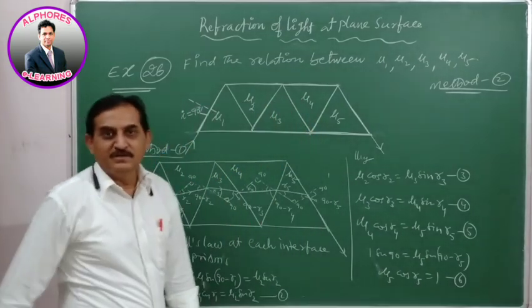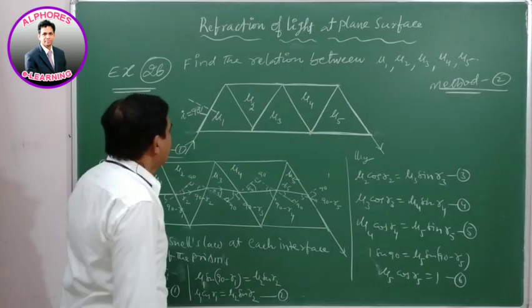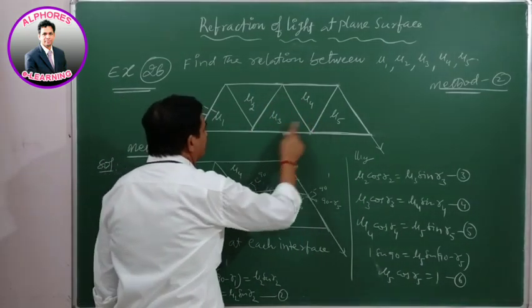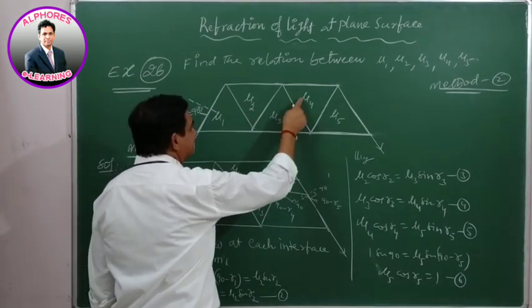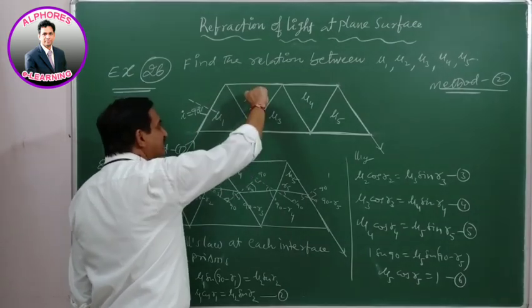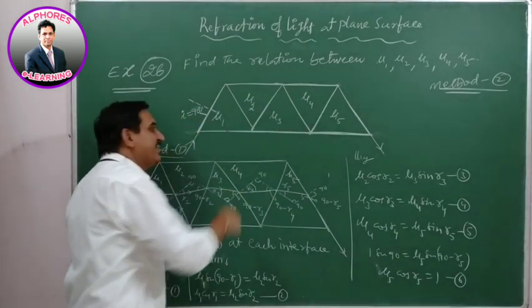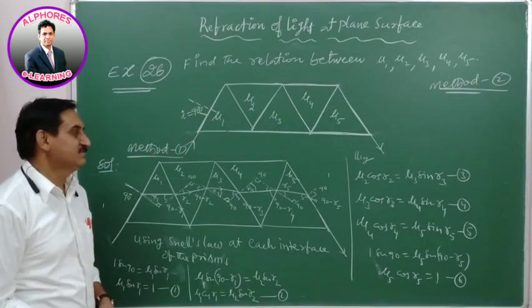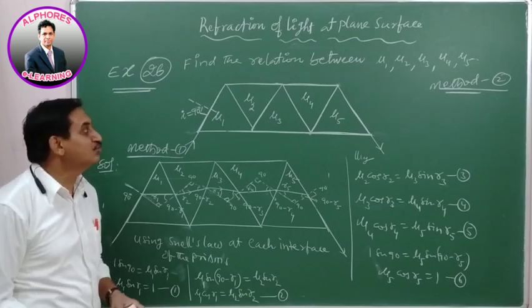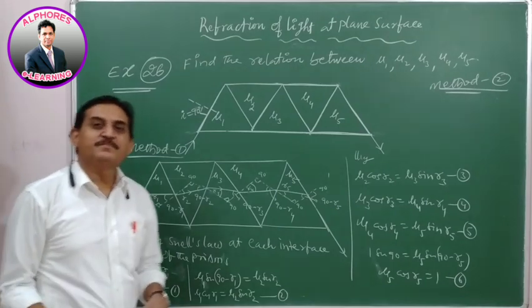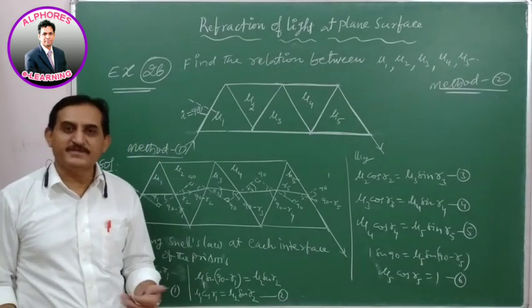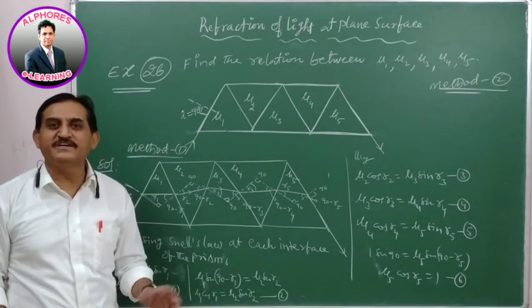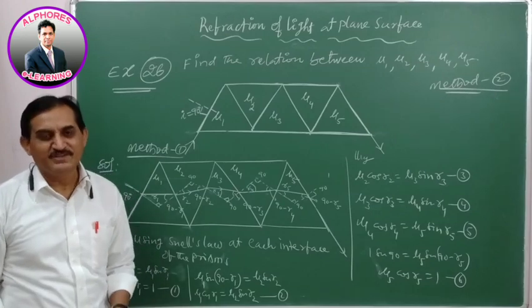Method 2. See, very simple. Some prisms are kept erect and these are inverted. This is erect, this is inverted. How many are erect? 3 prisms are erect. How many are inverted? 2 prisms. The prisms which are erect are all positive, which are inverted are all negative.